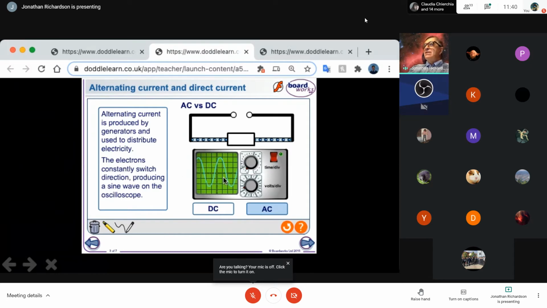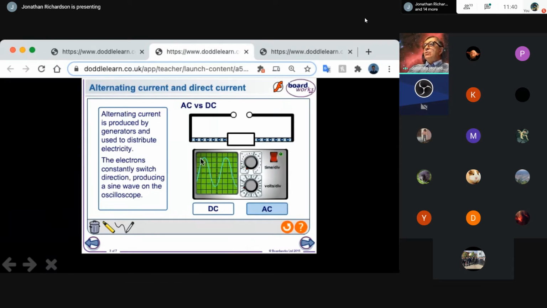They are constantly switching their direction and producing what we can see on this screen here, a sine wave representing a maximum voltage and a minimum voltage down here. Now this sine wave has a constant amplitude. Its maximum and minimum remain constant as long as this field is changing up on the top here.